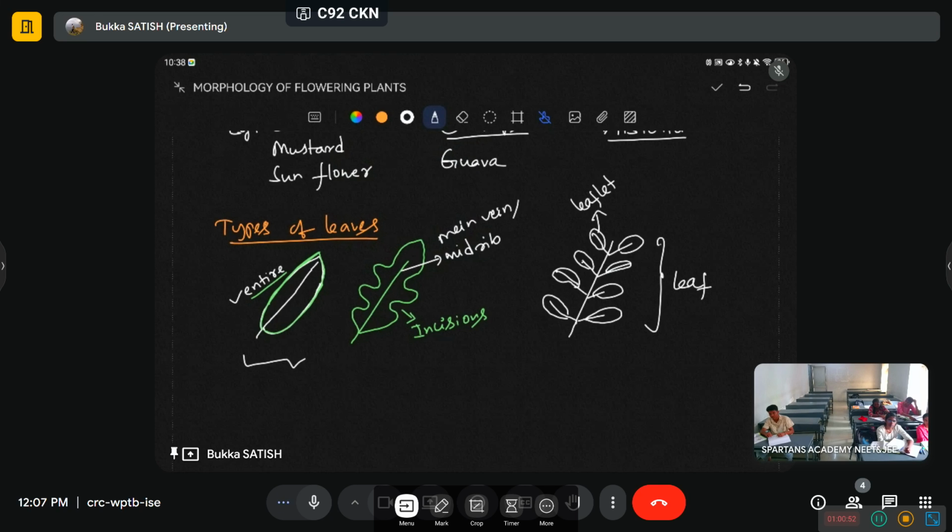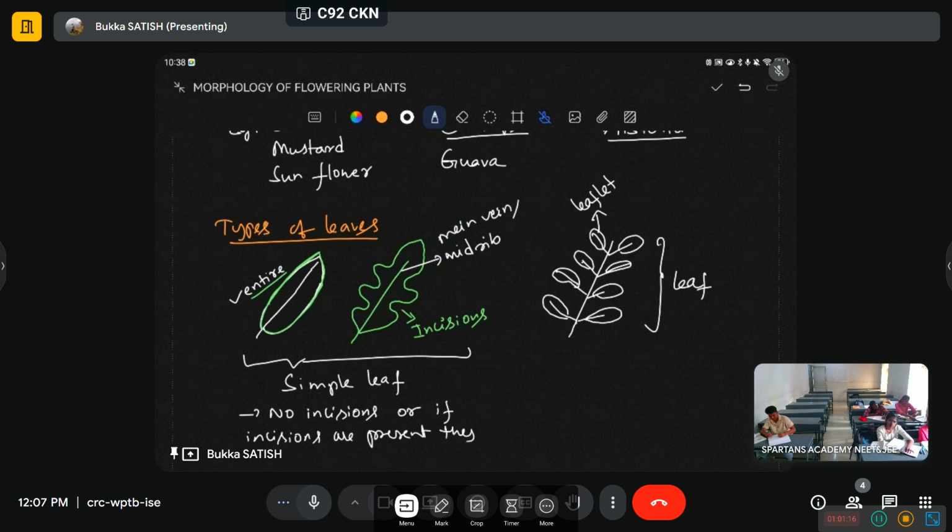So what is the difference among these three? The first two cases are called simple leaves. So what is a simple leaf? No incisions, or if incisions are present, they did not reach the midrib. Then that leaf is what we call a simple leaf.